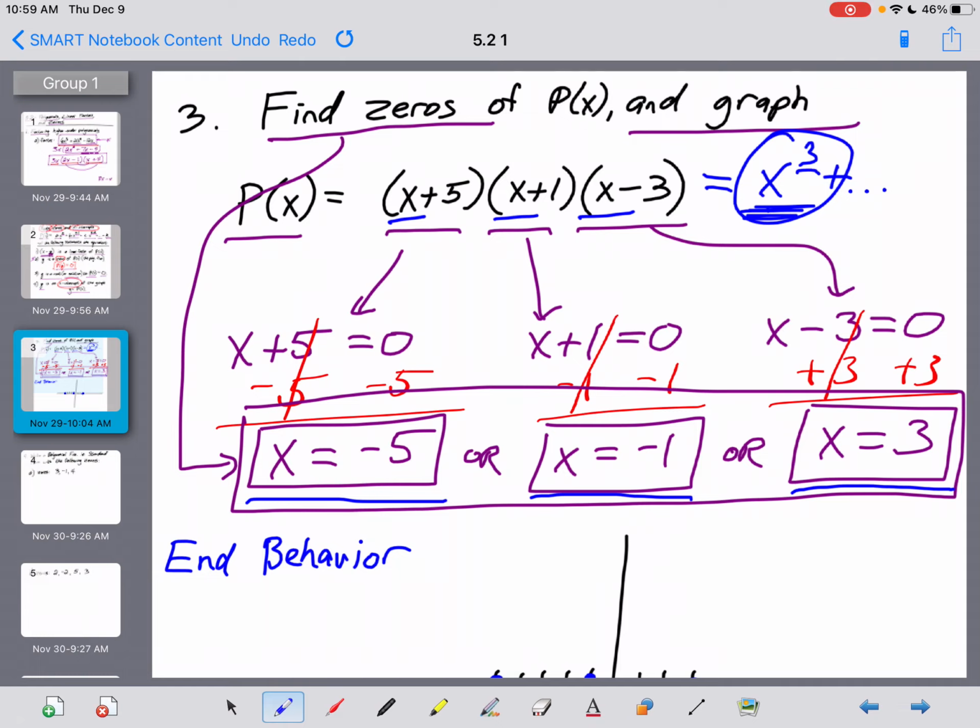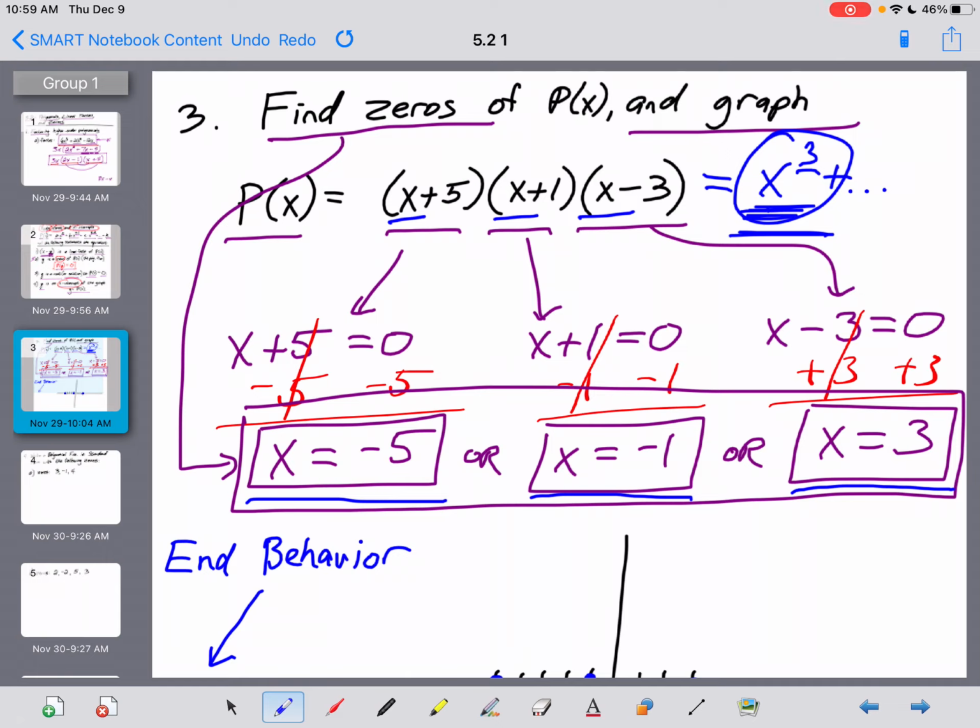And a negative value to an odd power such as 3, negative times negative times negative, will be negative. And there's no negative coefficient to flip this thing. So putting in a negative right here is going to get us a negative result. That means that as x moves out to the left, our y value is going to approach negative infinity. So this thing is going down on the left.